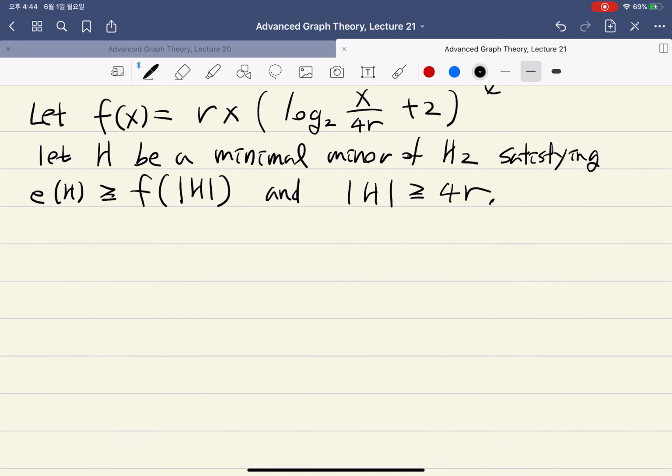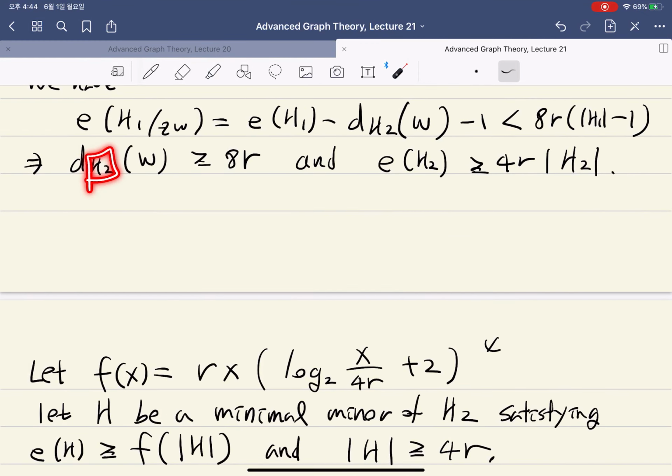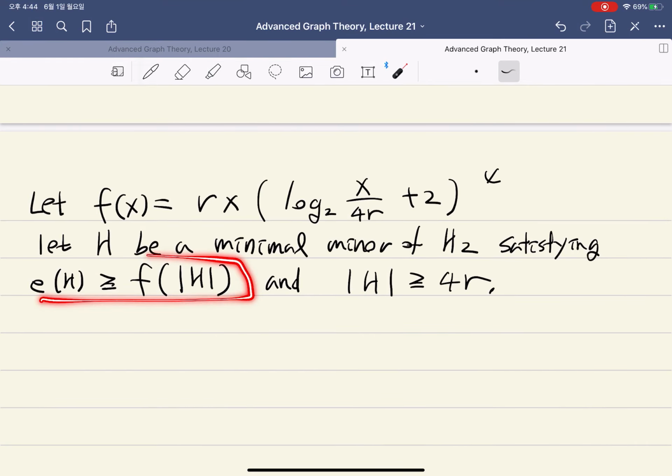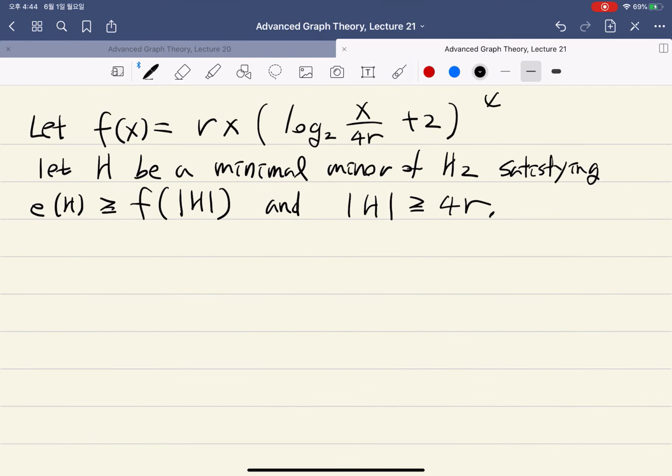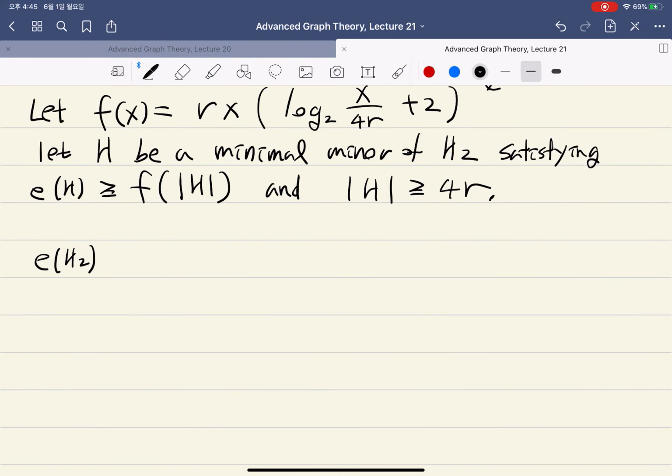Then we have to first show that such an H exists. For that, we first check that this H2 satisfies this condition. So what's the number of edges in H2? We just showed that that's at least 4R times |H2|.